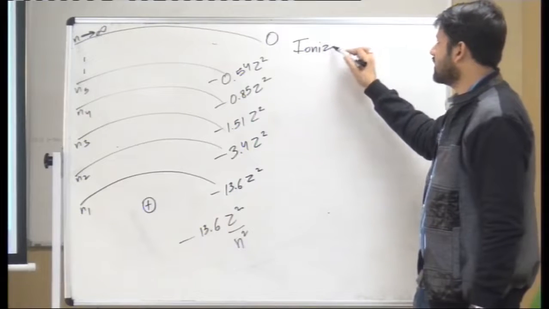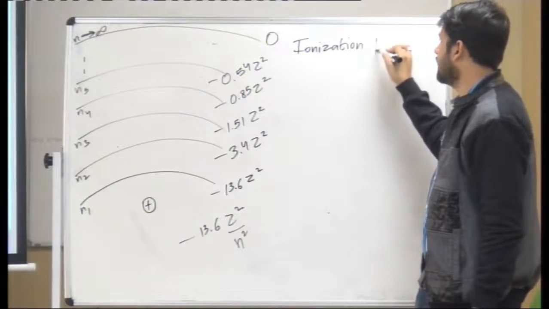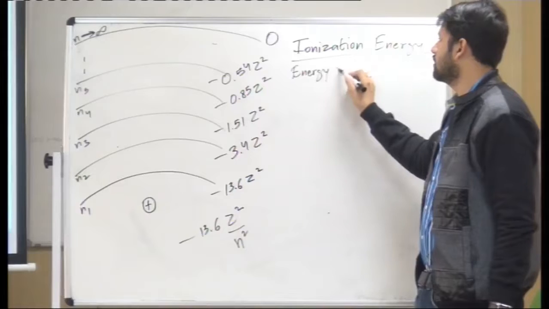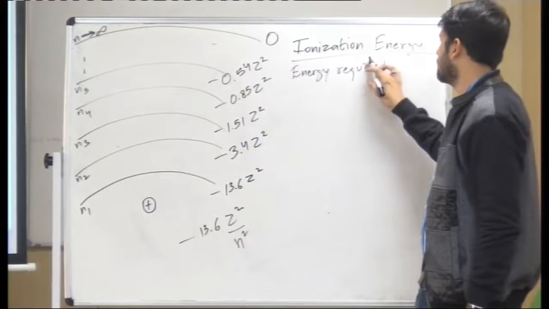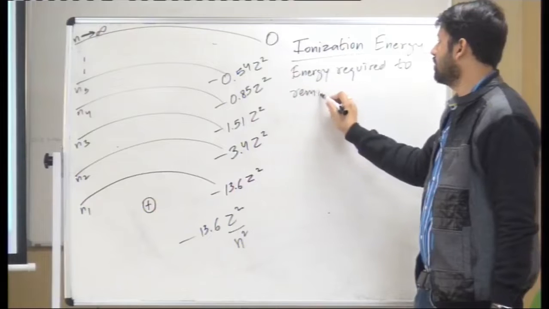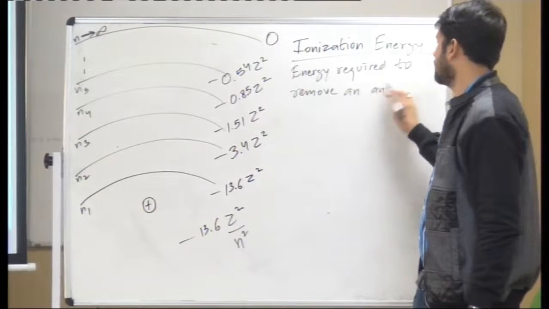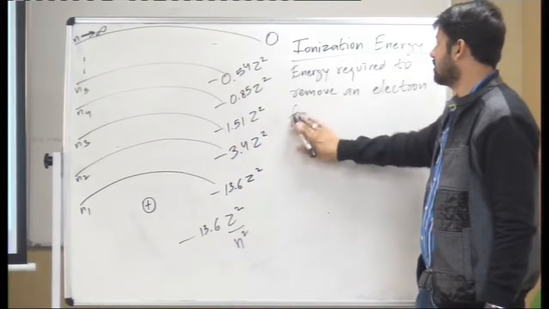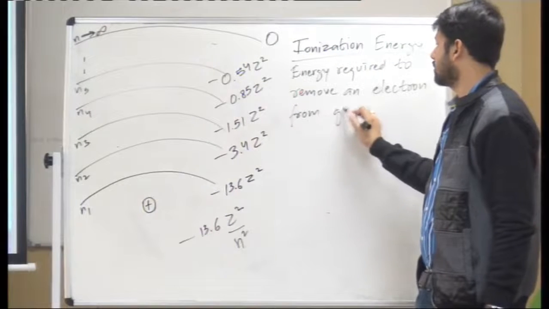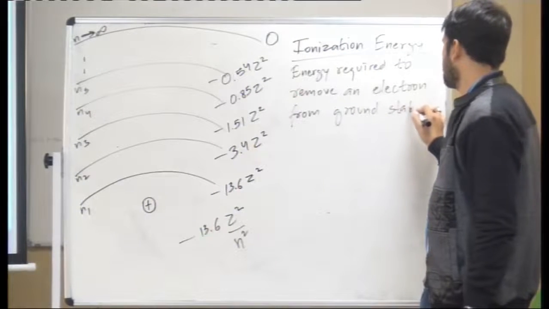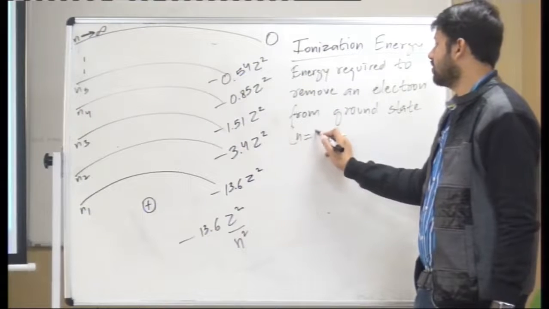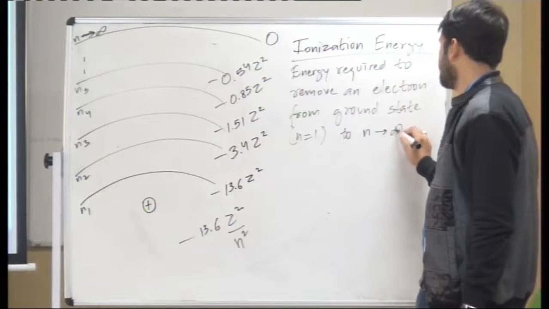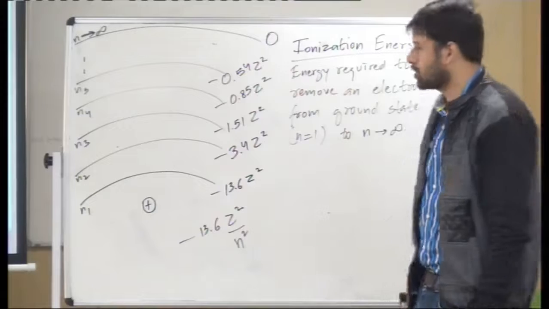So the thing we would study is ionization energy. It is the energy required to remove an electron from the ground state, which is n equal to 1, to n tends to infinity, the outermost possible state.